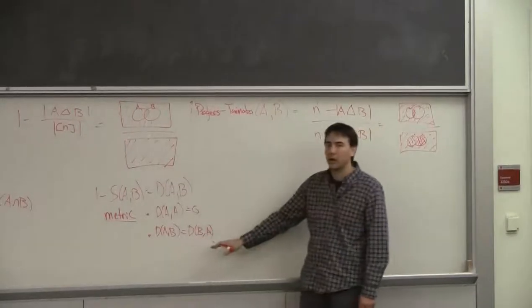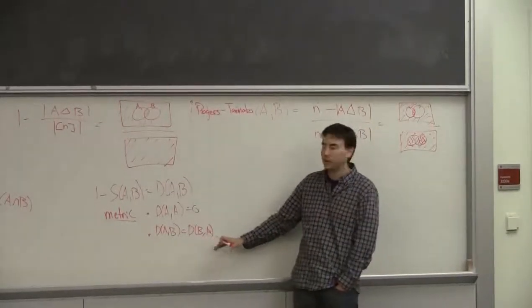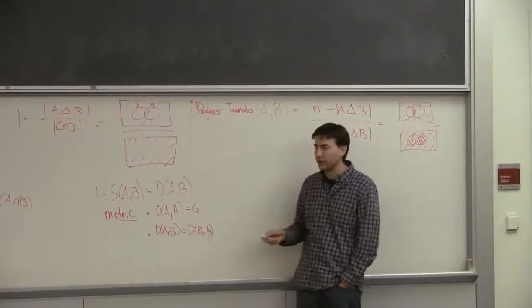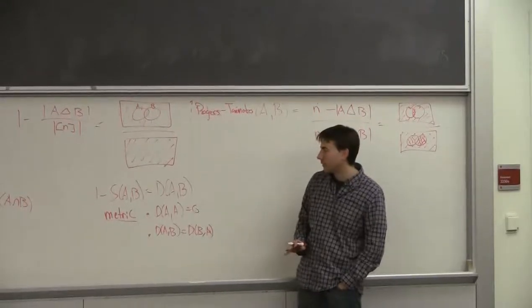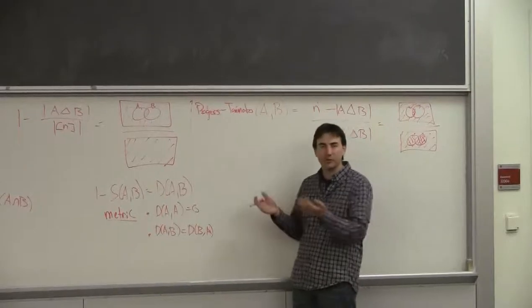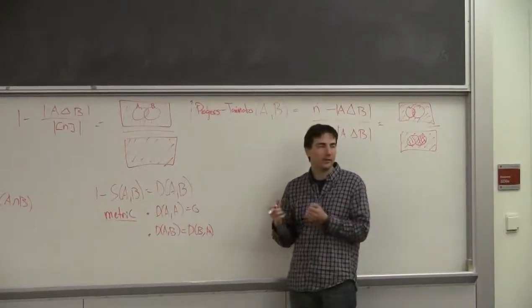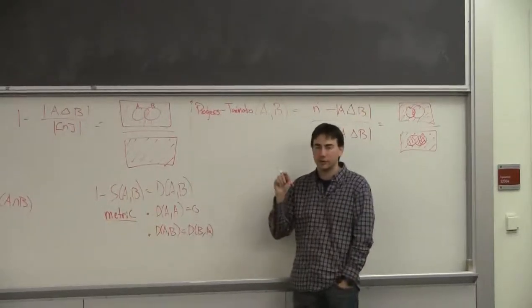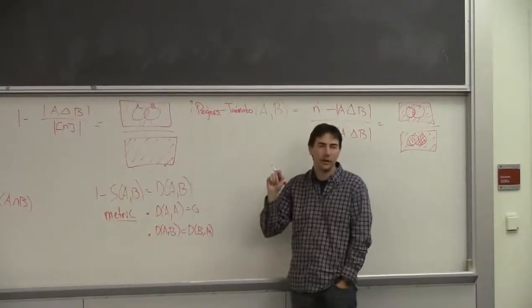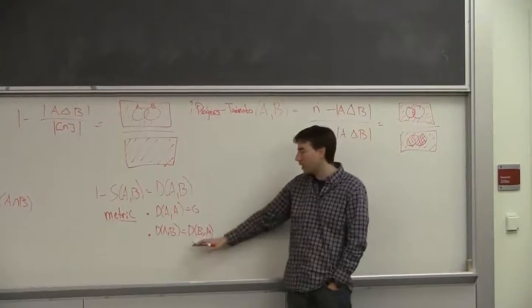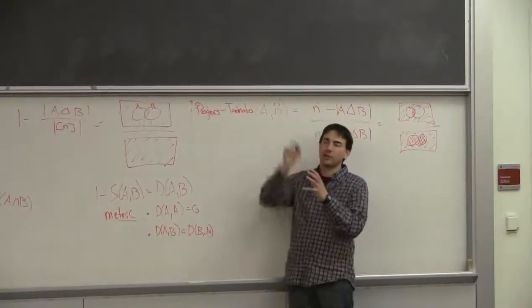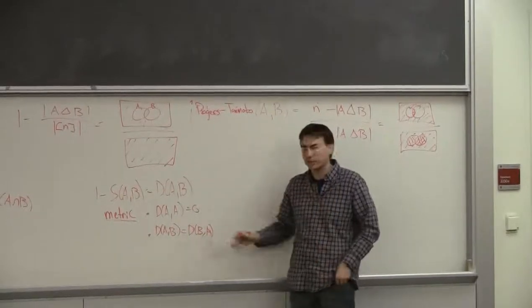So it has this notion of symmetry, that you can replace a and b with b and a, and you're going to get the same distance. So this should be true for anything dealing with sets because it doesn't have a notion of distance from one to the other. In some cases, it will be useful not to have this symmetry property. You want to have one object you're comparing something to, and you don't want this to be the same.